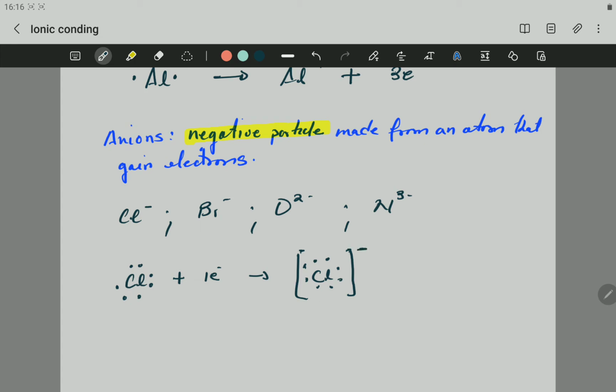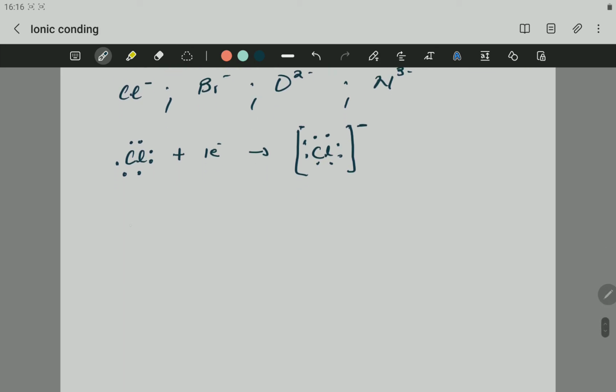Now let's see, for example, oxygen. The valence electrons of oxygen is 6. It's 1, 2, 3, 4, 5, and 6. Oxygen can gain 2 electrons. So if we give oxygen 2 electrons, then oxygen will no longer have 6 valence electrons, but instead will have 8.